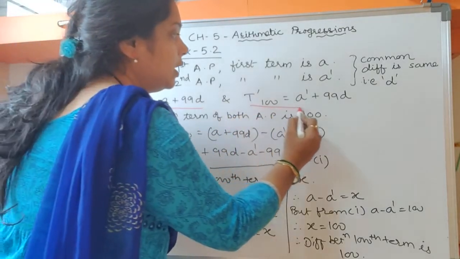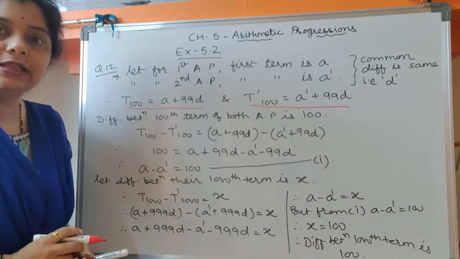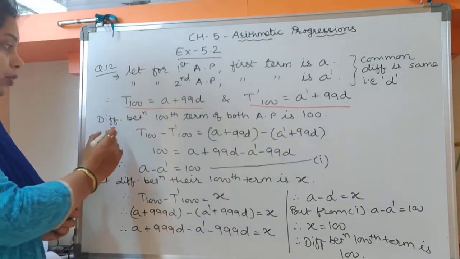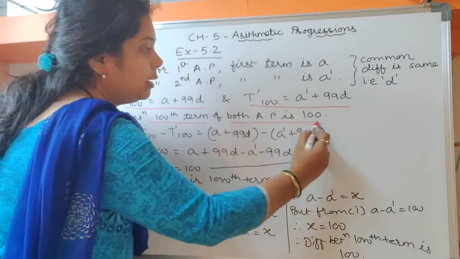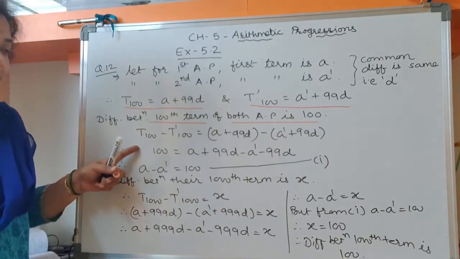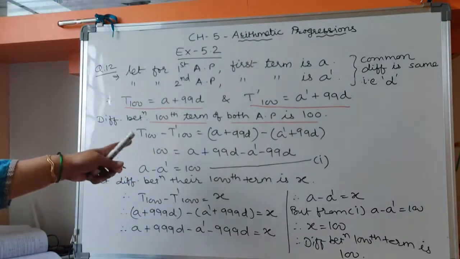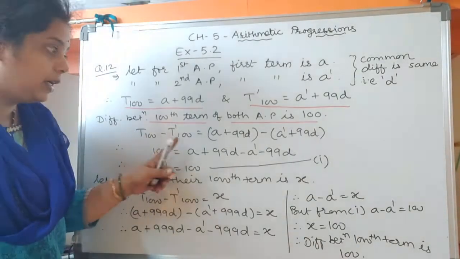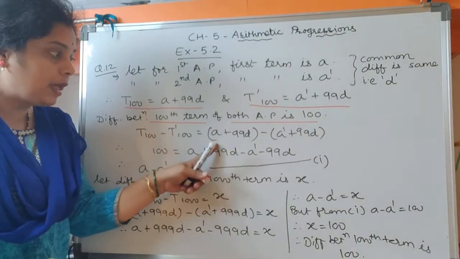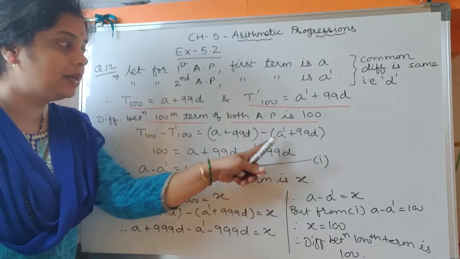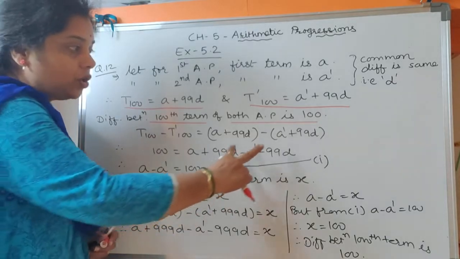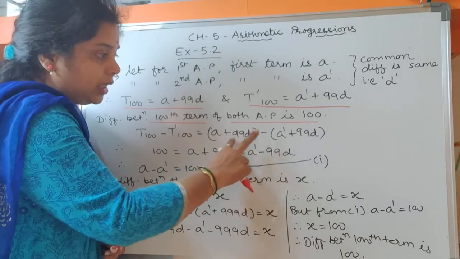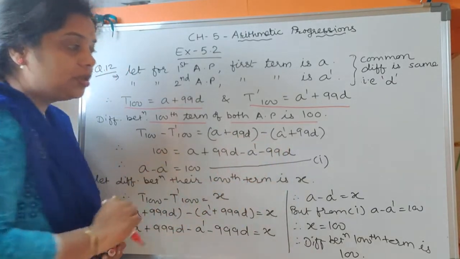And T dash 100 is A dash plus 99D. Now the difference between the 100 term of both AP is 100. So can I write T100 minus T dash 100 is equal to (A plus 99D) minus (A dash plus 99D)? Yes. So in short, we have to take the difference between these two brackets.